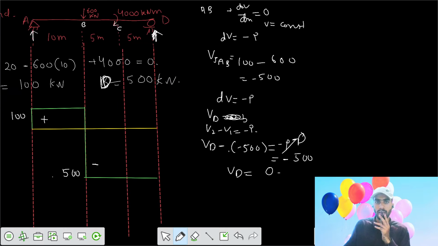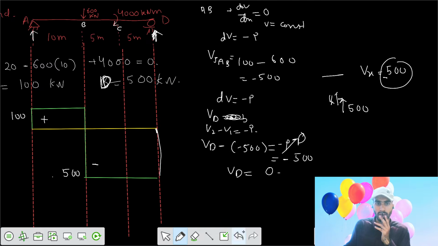Say at D there is a support. It's giving a reaction of 500. If we cut just before D, we say the shear force here is Vx. We get that the shear force is 500 negative, so the shear force here is minus 500.